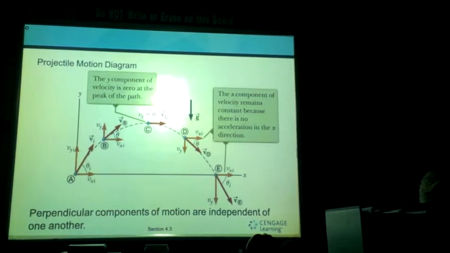So whenever we take into consideration acceleration, because we have projectile motion, acceleration due to gravity will act on the object, but acceleration due to gravity only acts in the y dimension, does not act in the x dimension. It's not acting horizontally, it's acting vertically. So because of that, the x component of the velocity vector is unaffected by the acceleration due to gravity.